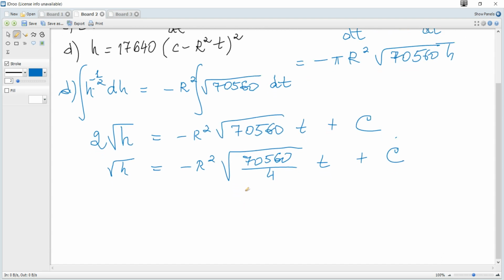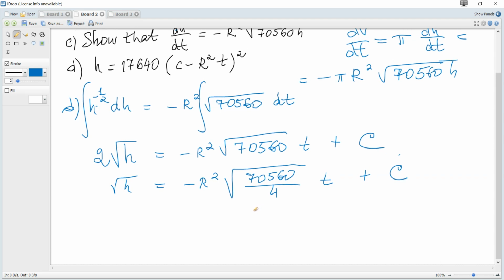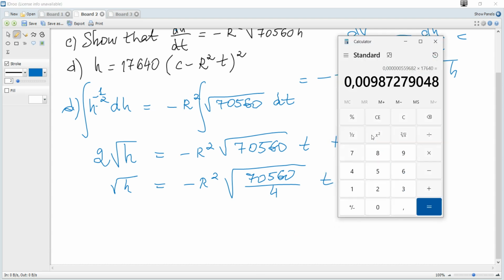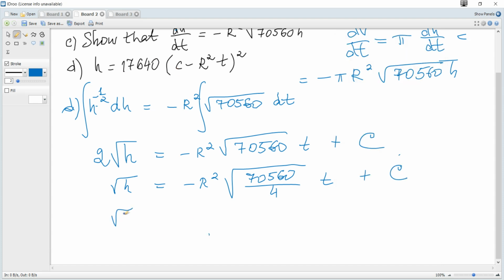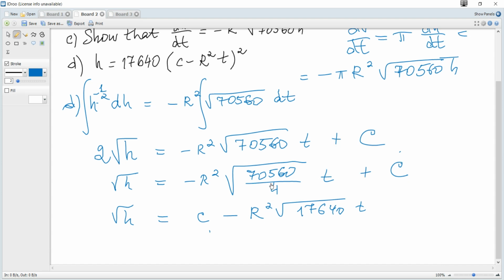Then this value divided by 4 is this, and it becomes root of h is this constant c minus R squared and root of this value and t.